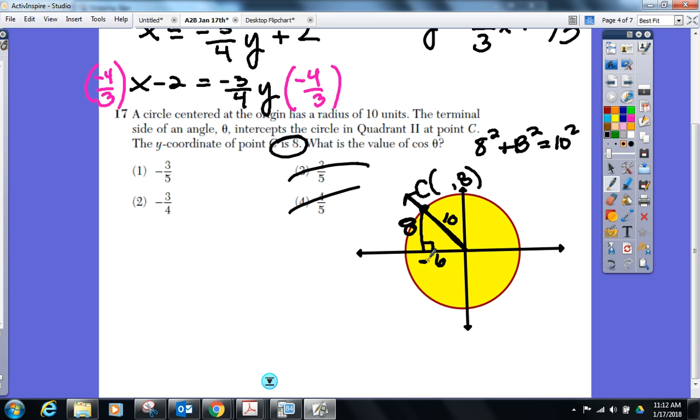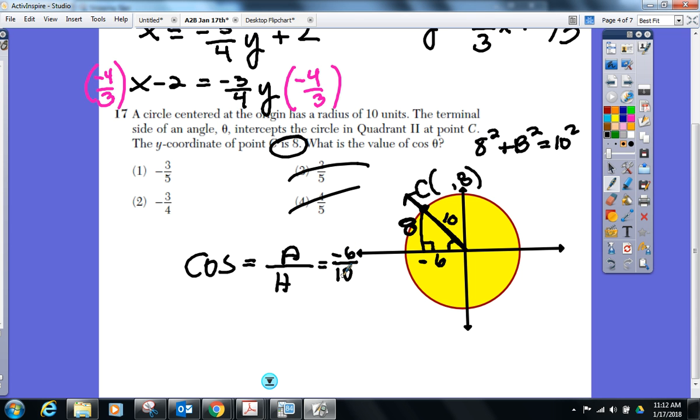Just be careful. It's this side of the x-axis. All right, cosine. SOHCAHTOA. Cosine is adjacent over hypotenuse. Always go from the reference angle right here. What's adjacent? -6 over your hypotenuse, 10.